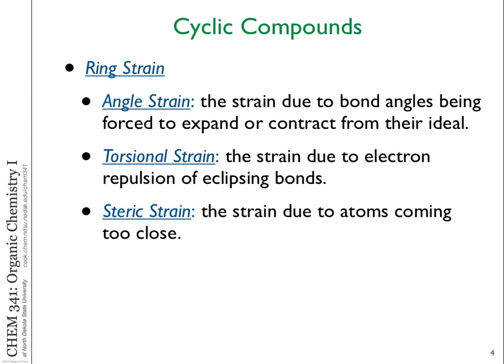That is because we're forcing the molecule into conformations and shapes that aren't freely movable and that alter what the normal energies might be in terms of the angles, for example. So there's extra energy usually imparted to cycloalkanes because of ring strain, which is made up of various combinations of these three things. Torsional strain, steric strain we've talked about, and also the forcing of bond angles to be smaller or larger than what they should be according to the best or lowest energy conformation for an sp3 carbon.